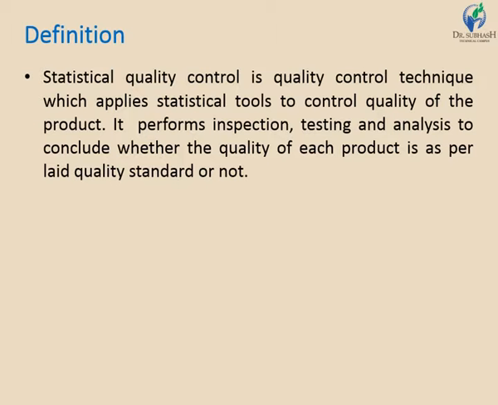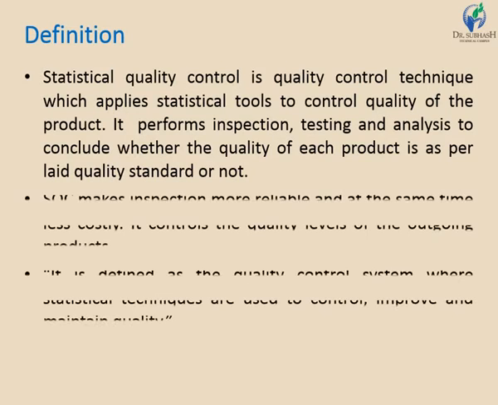It is ultimately used for controlling the quality of the product, and to check whether the quality of each product is as per the laid standard or not. So this is statistical quality control.